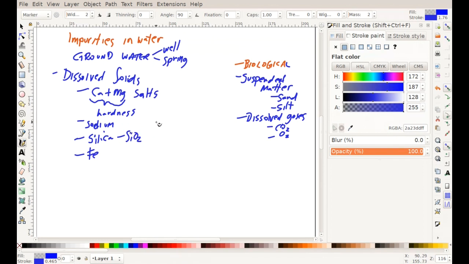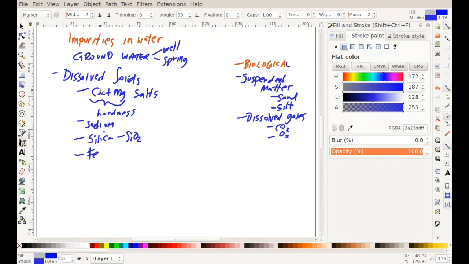It's SiO2. Sodium could be infiltration of brackish water, but you know, there are underground salt formations. And depending upon the soil, the water could be in contact with iron. And of course, we can also get iron compounds and find these dissolved in the water.